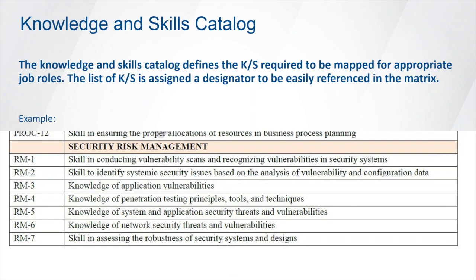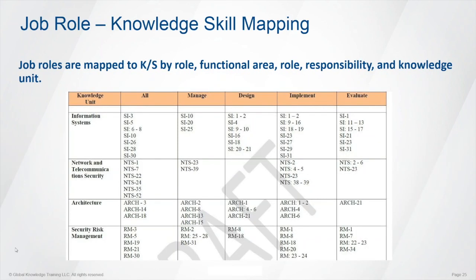There is also a mapping. Of all we were just looking at in security risk management, there are other jobs within the security risk management role. So for example, if you're managing people in security risk management, you need RM-2, RM-25 through 28, and RM-31. These are skills and knowledge that you need to manage people in this role. If you're in the design phase of security risk management, you need RM8, RM18.